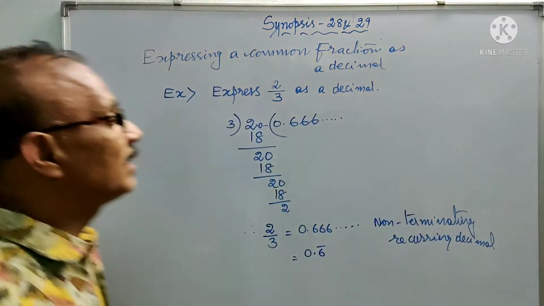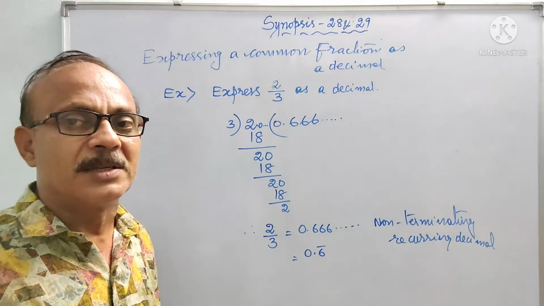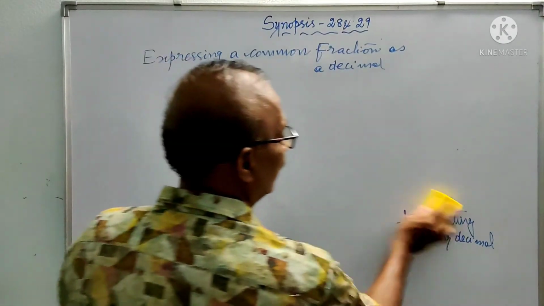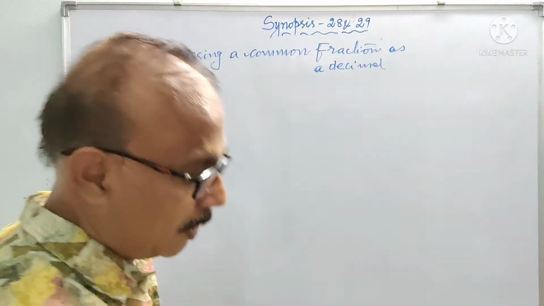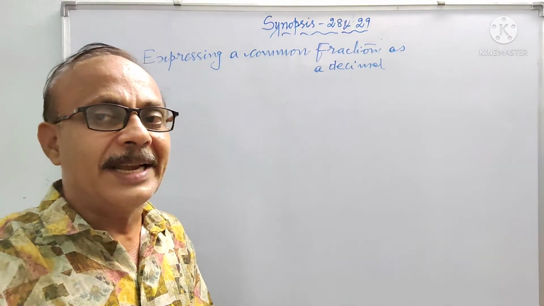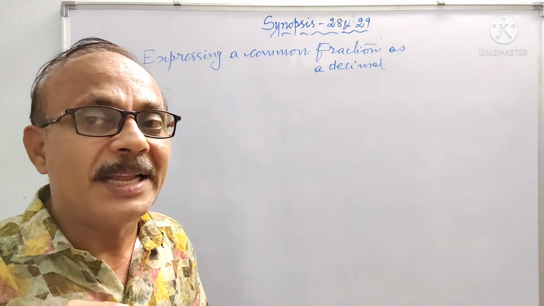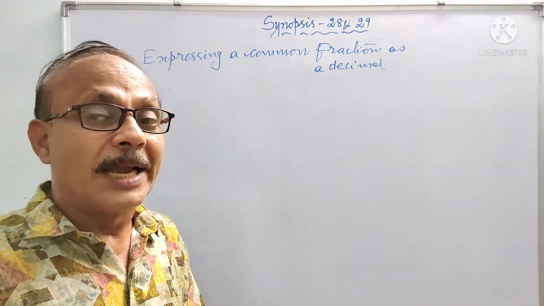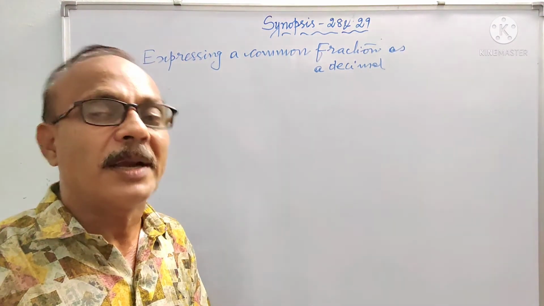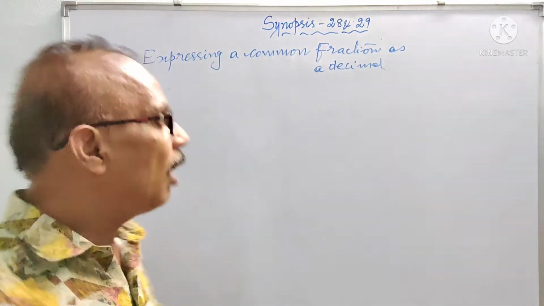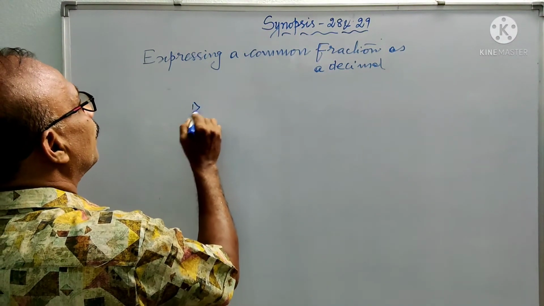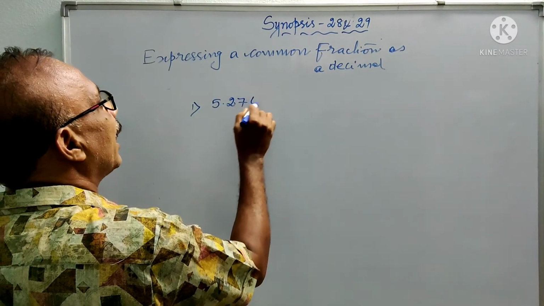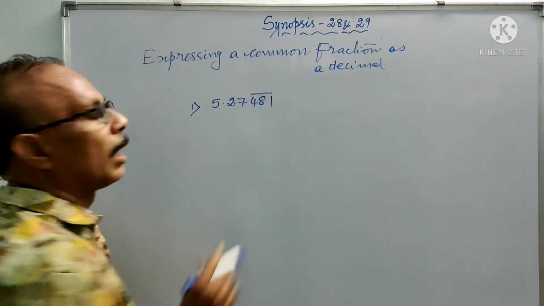Now, again for these non-terminating recurring decimals, there are 2 parts. I will tell them. In a non-terminating recurring decimal, the recurring part is called its period. And the number of digits present in the recurring part is called its periodicity. Now, for example, see, you have 5.27481 bar.